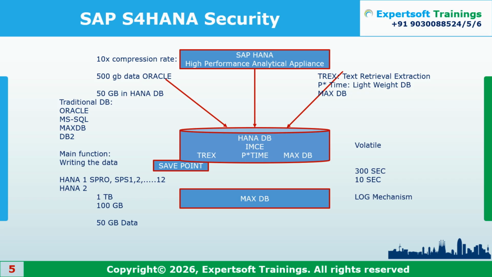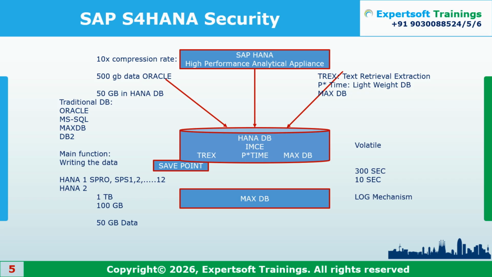And one more advantage is here: HANA is compressing the data. For example, if you store the data in the HANA database, it occupies less space, 50 GB. The same data stored in traditional databases will take more space, 500 GB.